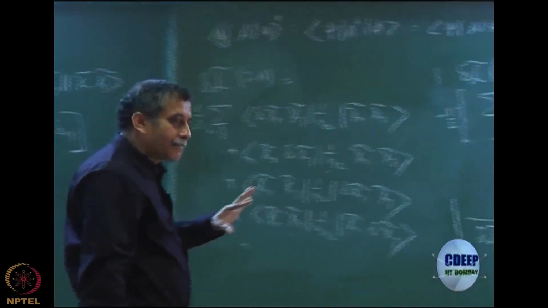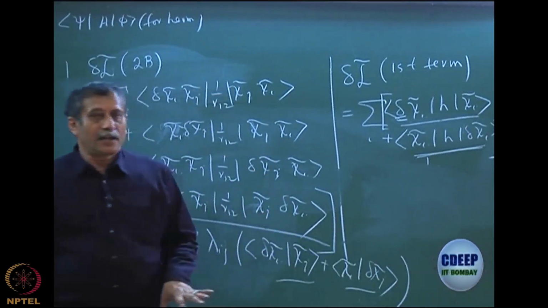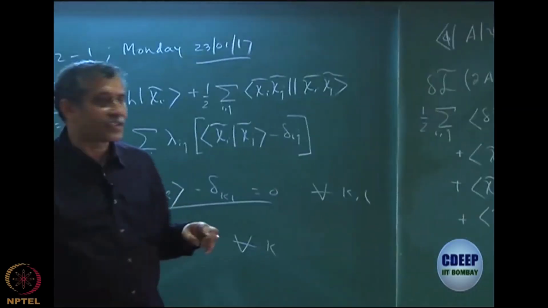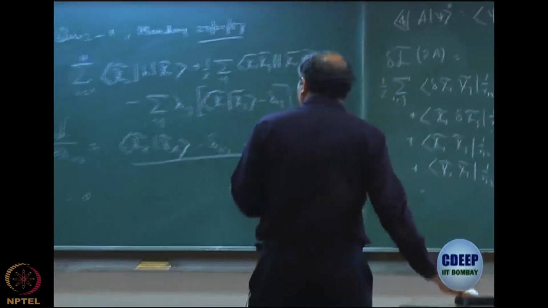If I take the entire summation, then the sum of these and the sum of these are conjugate to each other, because I can interchange the dummy index. I hope all of you understand. If not, I will pause a minute to get that point very clear.